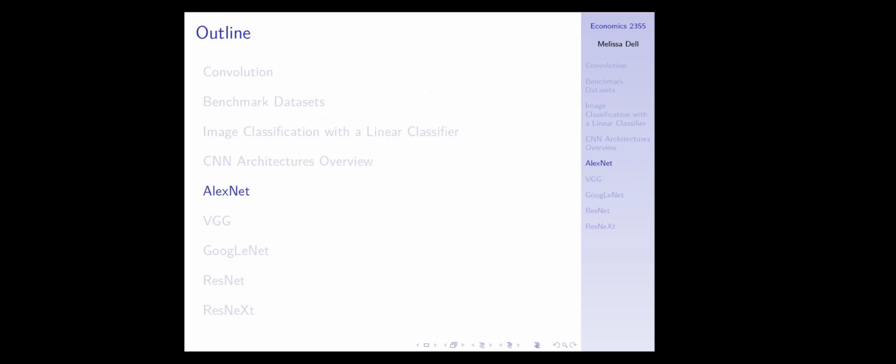Okay, so that's sort of an overview. And now we're going to talk about 5 of these architectures, which all performed very well in this contest, in which I think, when it comes down to what you're going to use today, you're going to use one of the last 2. You're going to either use ResNet or ResNeXt. The first 3 are more to give you an intuition for the innovations that made this all possible.